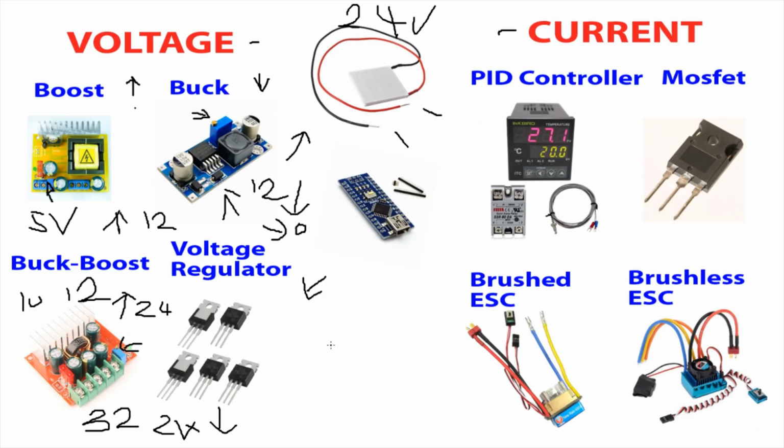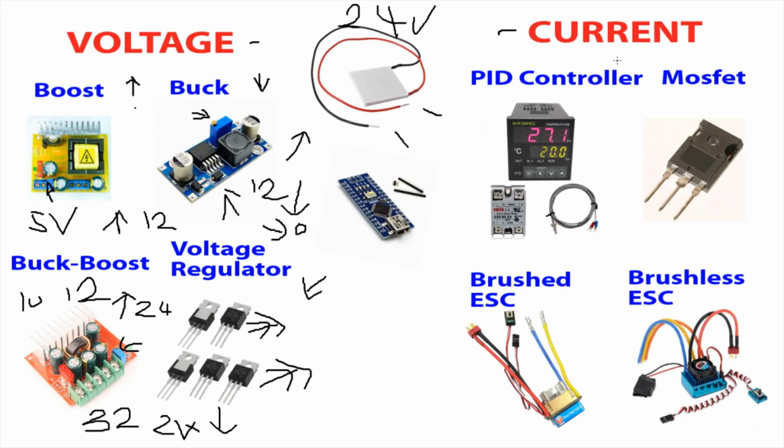Now these are of course seemingly simple, except all of the difference in the voltage, say you want to reduce 24 volts down to 12, will result in the rest being burnt off as heat. Now in the world of TECs, when we're talking about 20 amps, 10 amps, 5 amps, that equals a fire. So while these are quite cool and usable for very low wattages, for TECs, no.